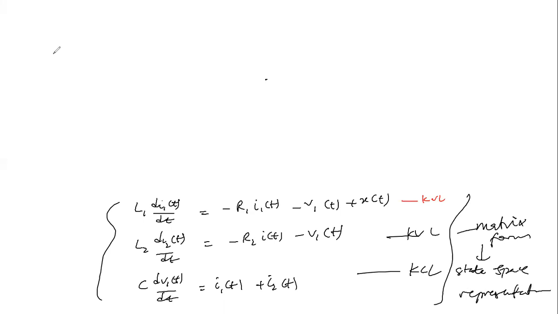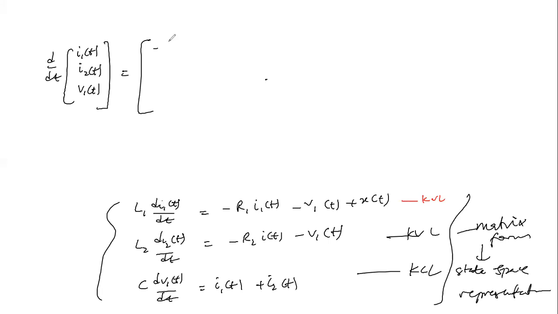So this is going to give us d/dt of I1 of t, I2 of t, then V1 of t, right? The coefficients we already made the subject of formula. So this would be negative R1 divided by L1, right?